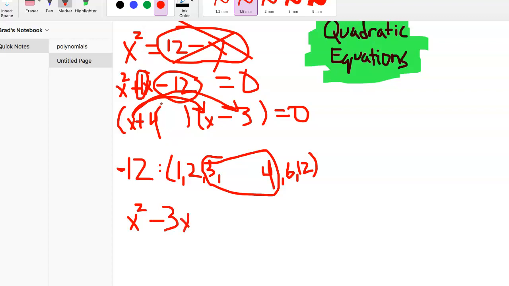And the other one, 4 times x, that's plus 4x, yeah? And lastly, 4 times negative 3, that's negative 12.